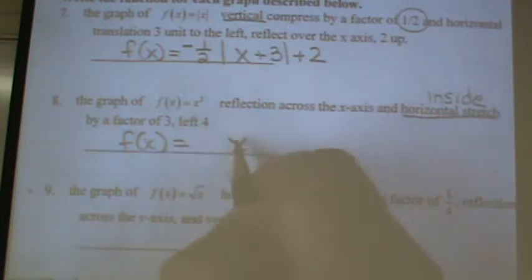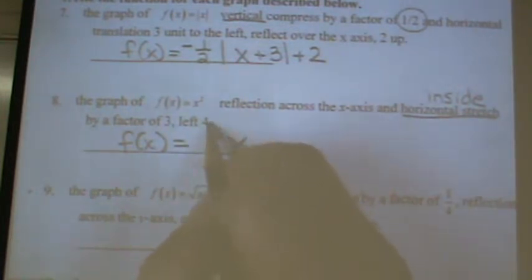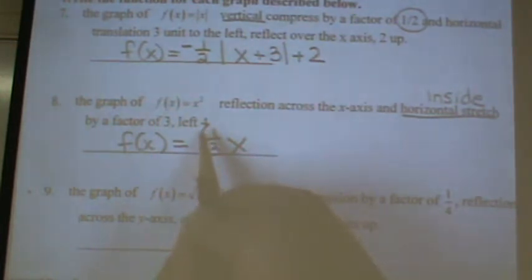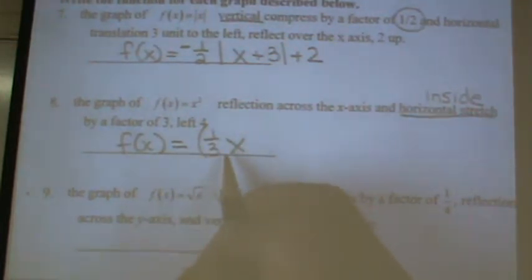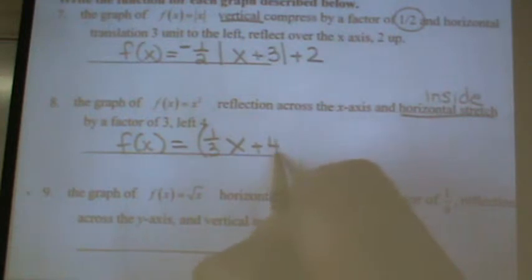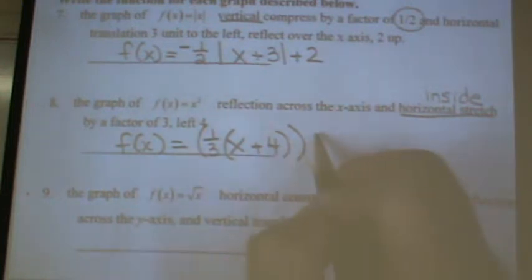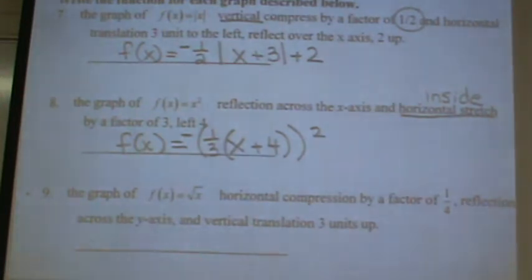So we have to flip this one. This is gonna be 1/3. And now this is a hard one. It's saying left 4. Plus 4. So we do plus 4. Now be careful because you want to separate these two like that. We want this to say left 4. Now don't forget to square, and it's reflection across the x-axis, so there should be a negative out in front.